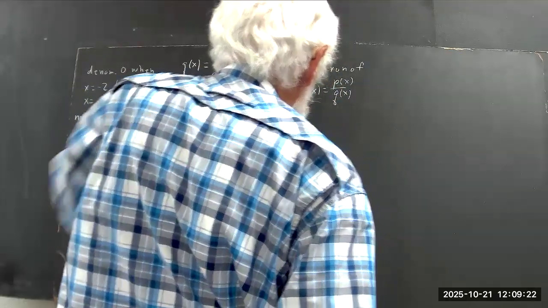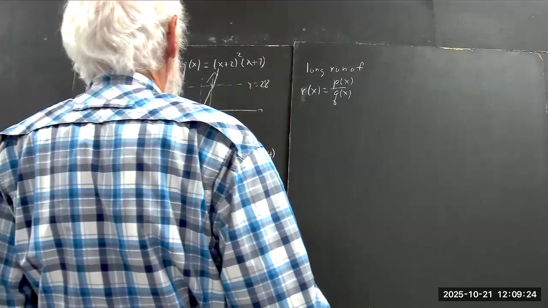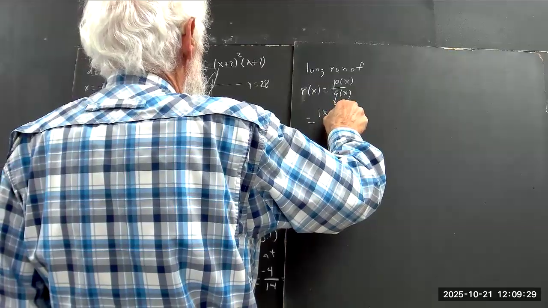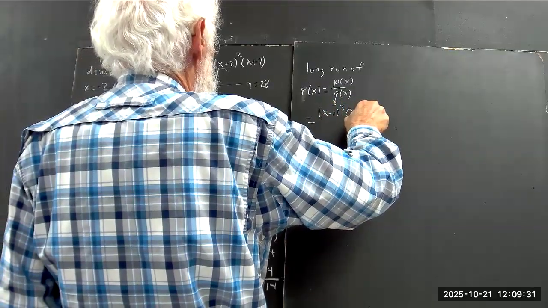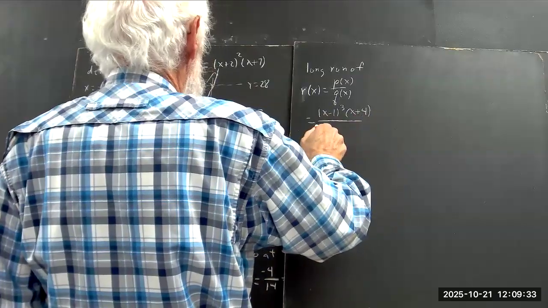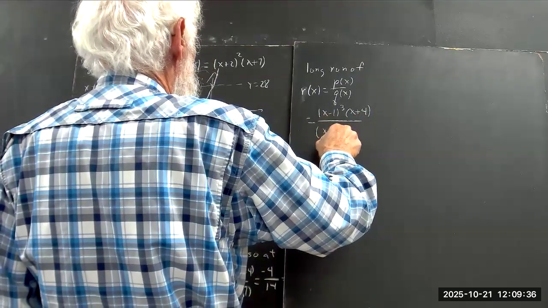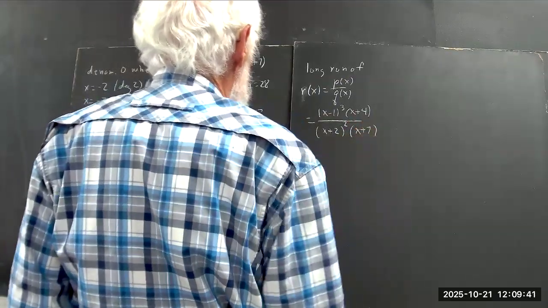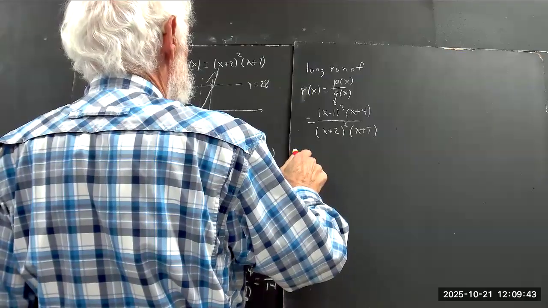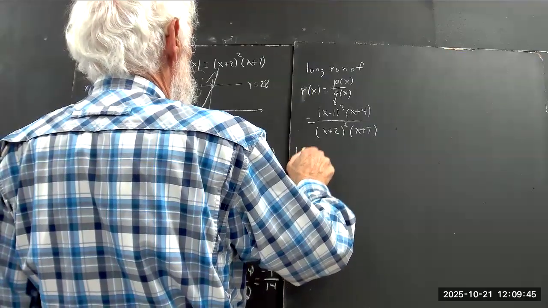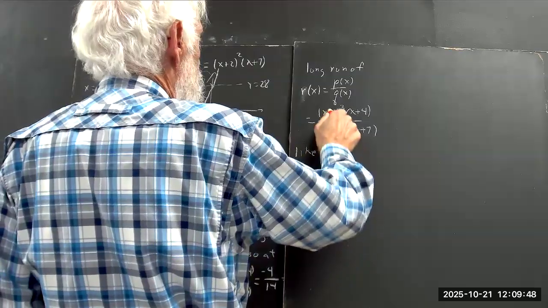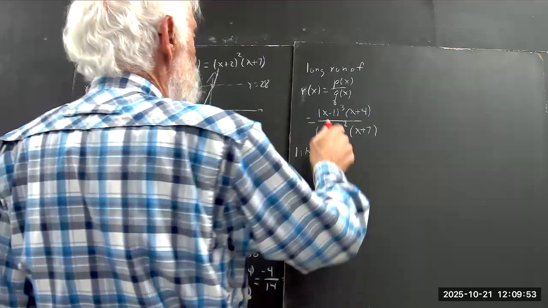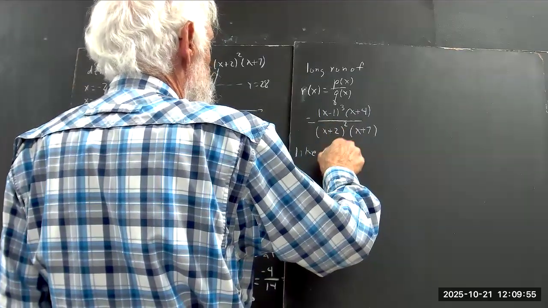of r of x, which is p of x over q of x, which equals, that's like, remember that this x minus 1 cubed times x plus 4 has an x to the fourth in it, and that's the leading term.